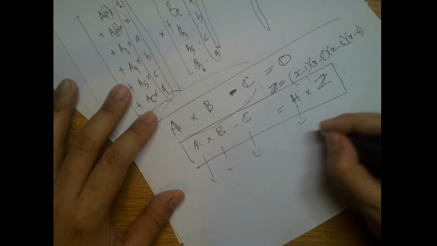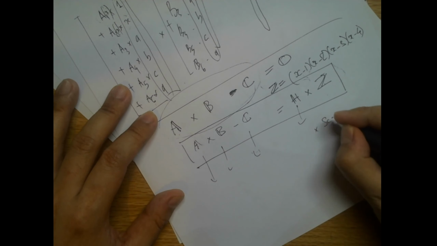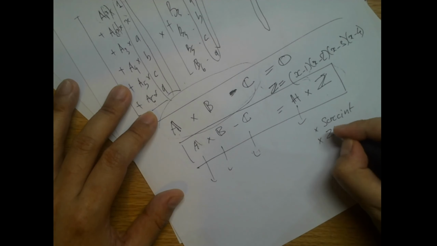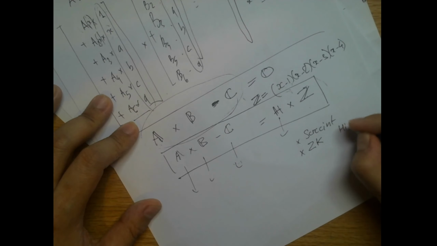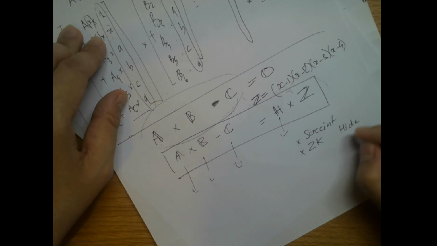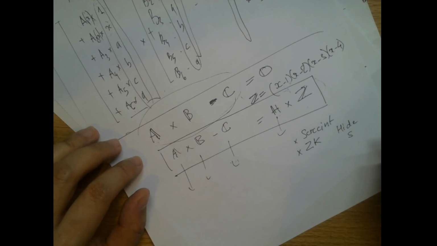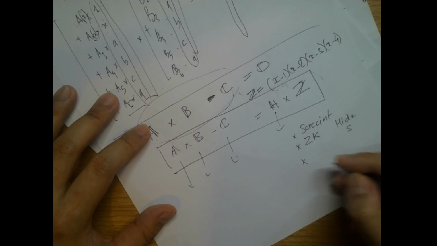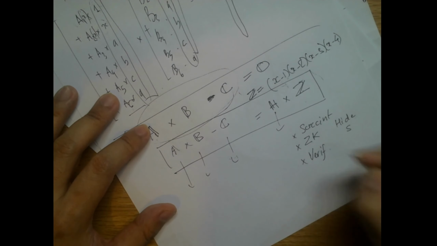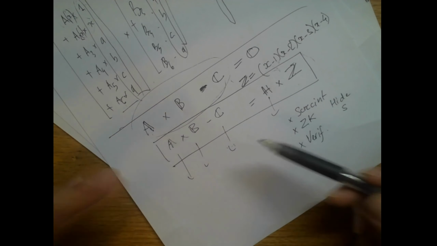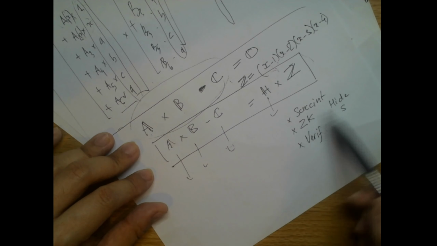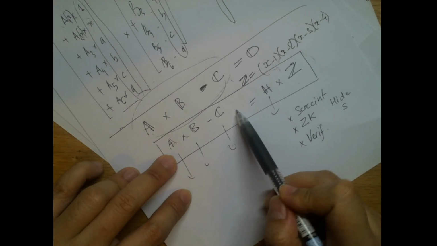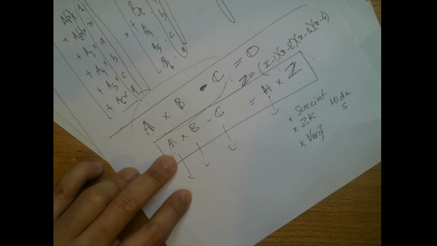So you want to hide, so you want to be succinct. You also want to be zero knowledge, so you want to hide the knowledge of S, and you want to be verifiable. So you also want to be sure that the guy who receives this stuff, even though you're going to hide S, knows you have calculated these A, B, C, H properly.